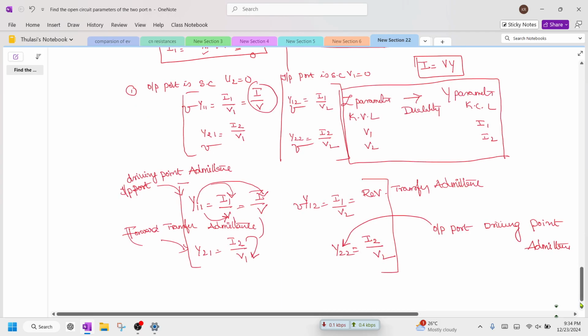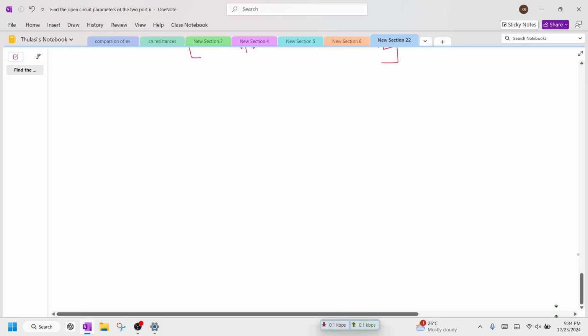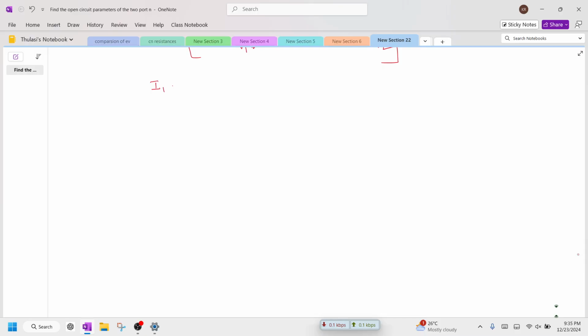Okay, so before drawing this, remember how to draw the equivalent circuit. So already I told, so we have I1. So what are the equations? I1, I2 is equal to Y11, Y12, Y21, Y22 of V1, V2. So don't just remember this, no need to remember the equations also. So therefore, what is the value of I1?